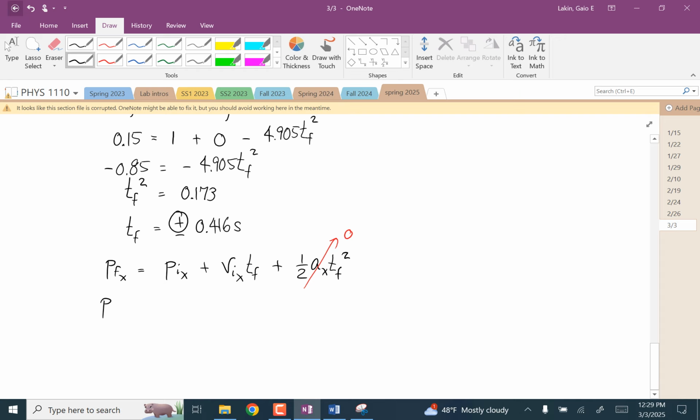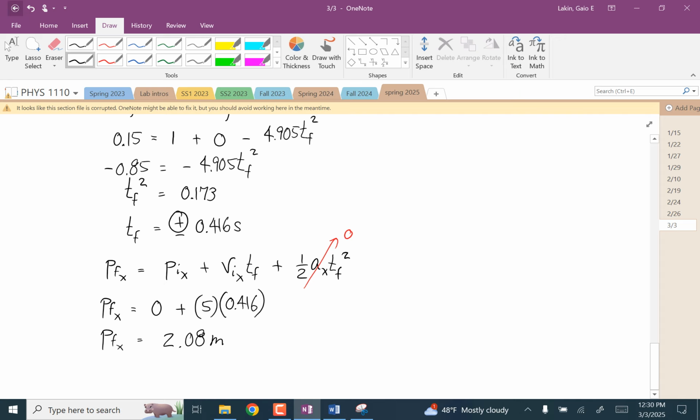And so PFX is equal to 0 plus 5 times 0.416. So PFX is equal to 2.08 meters.